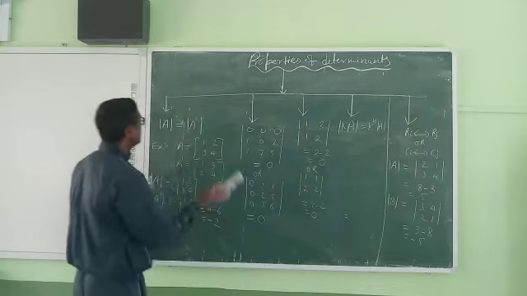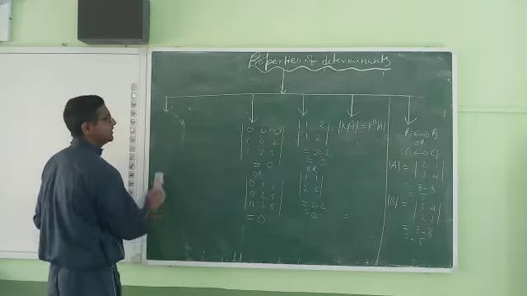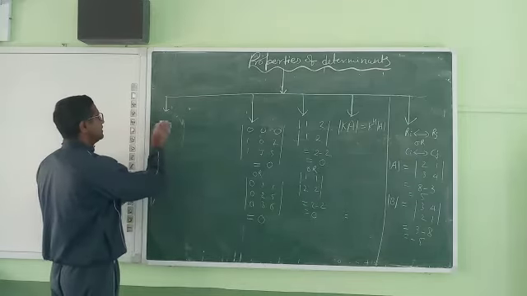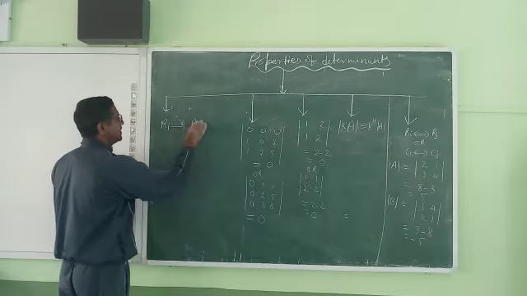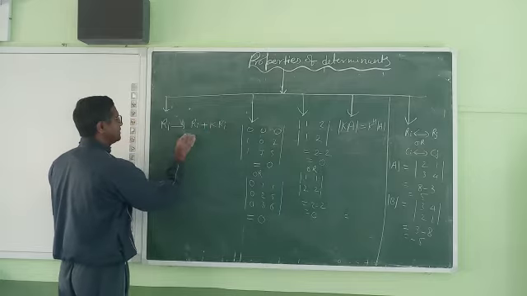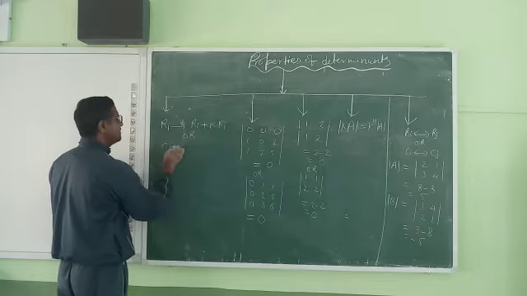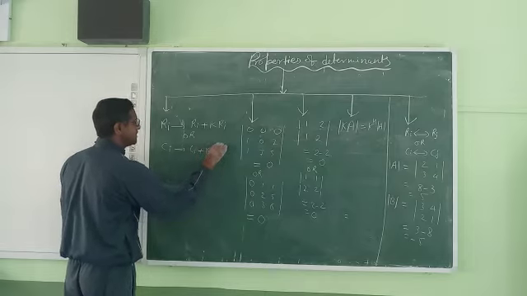Now property number 6. In the sixth property, Ri changes to Ri plus k times Rj, or Ci changes to Ci plus k times Cj.